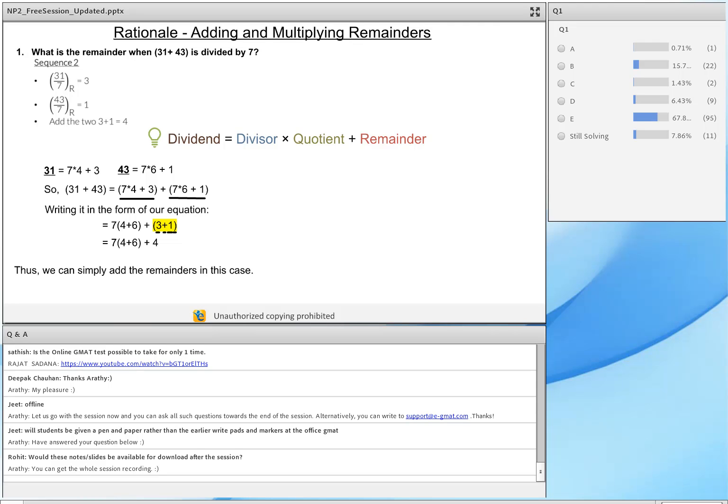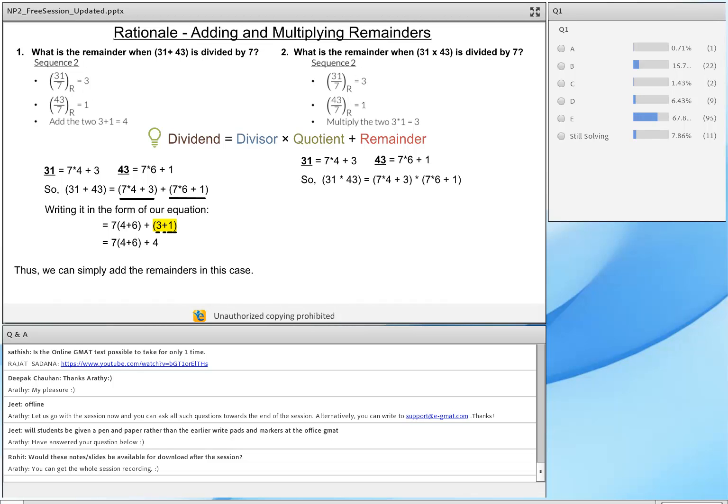Now, the same process applies to multiplying remainders as well, where again, we can express 31 as 7 times 4 plus 3 and 43 as 7 times 6 plus 1. When you multiply these two, you're essentially multiplying this with this. And again, you expand and simplify the bracket. Remember, we get the process skill of simplification.